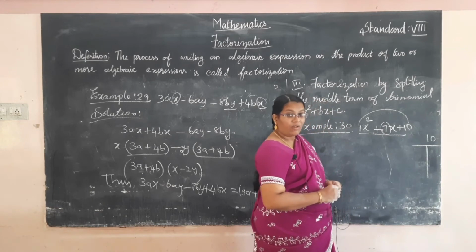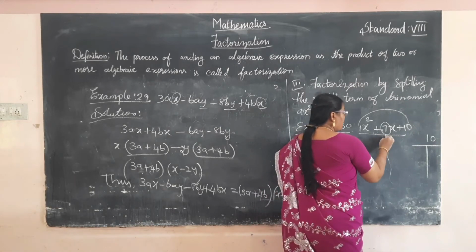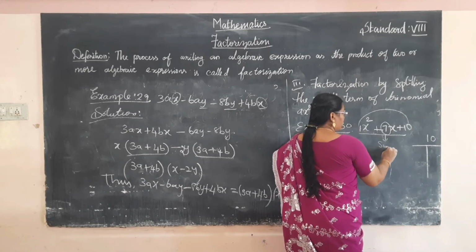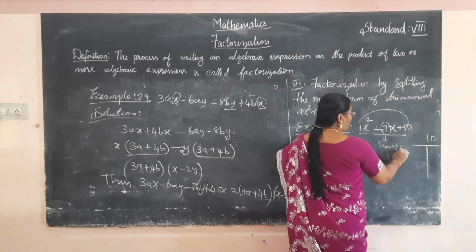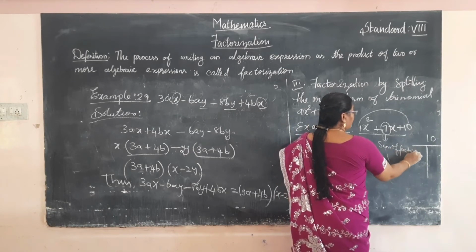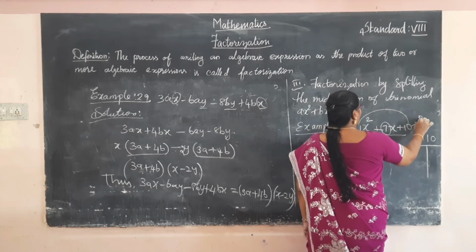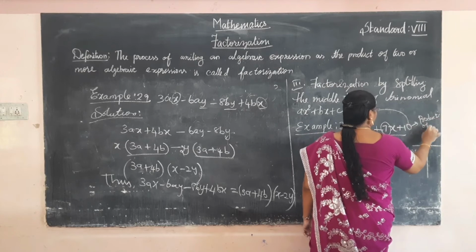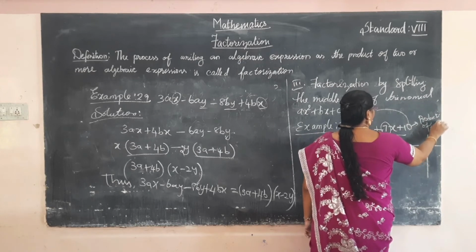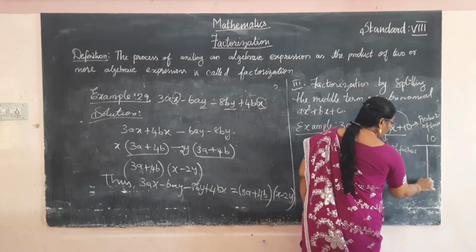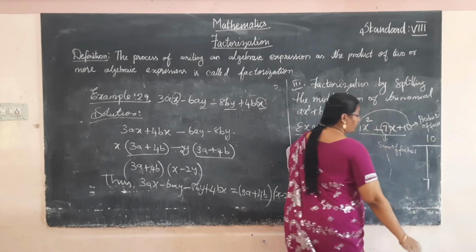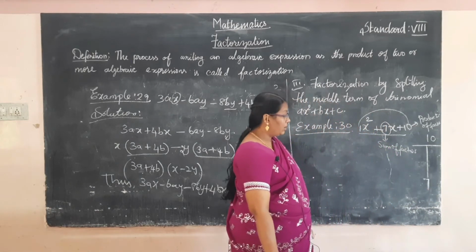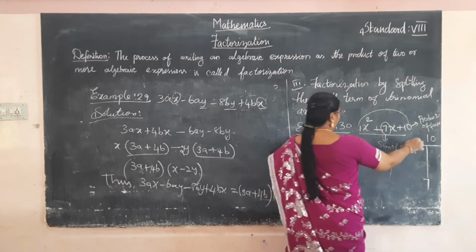Sum of the factor is called the sum of factors. This is called the product of the factor. Sum of factor is written in the bottom of the T. You should specify the sign.